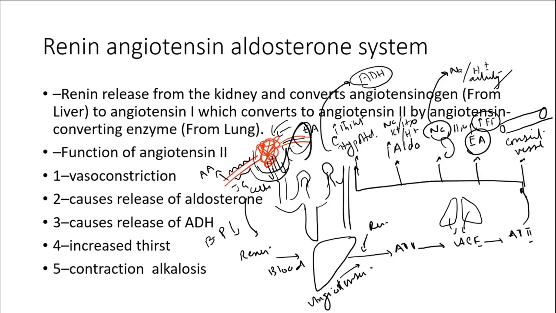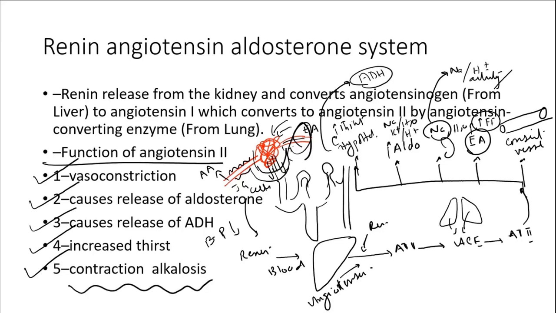So function of the angiotensin 2 we already discussed: vasoconstriction, release of aldosterone, ADH, increased thirst. What is meant by contraction alkalosis? This is an important term. There's a question trying to understand.